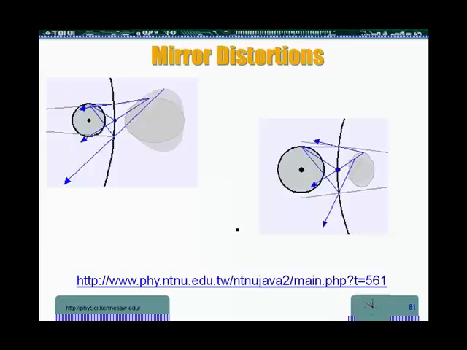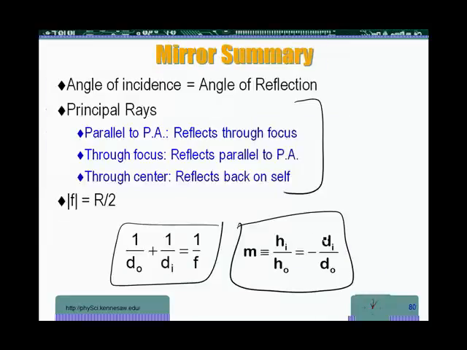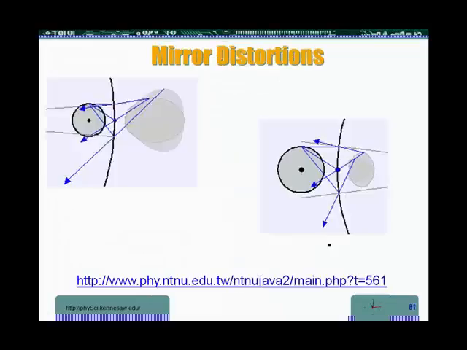One last thing: when we have an object in front of a curved mirror, curved mirrors are going to magnify objects. If you recall, this is the magnification equation, and the magnification equation depends on where DO is and where DI is.